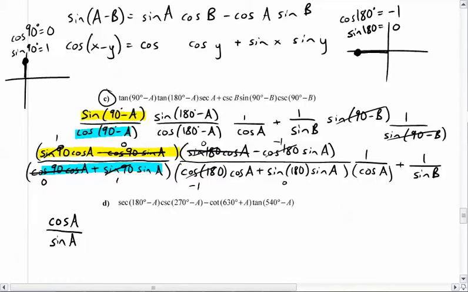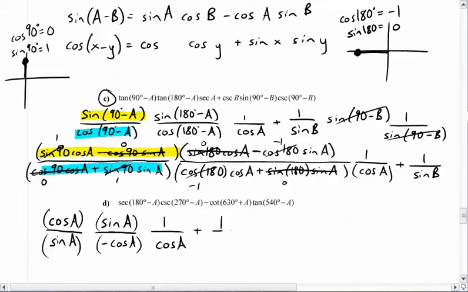And 0 times sine A is all 0. So here I've got negative 1 sine A. So that'll be positive sine A. On the bottom I've got negative cosine A. So already it's becoming much simpler. And then I have 1 over cosine A plus 1 over sine B.